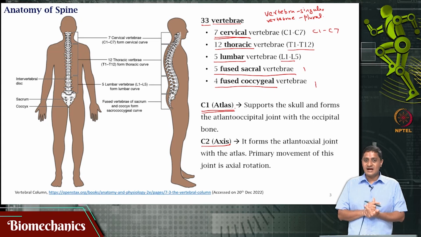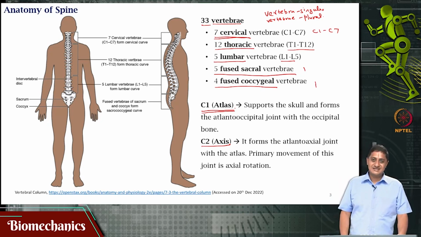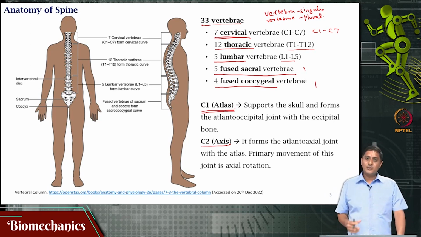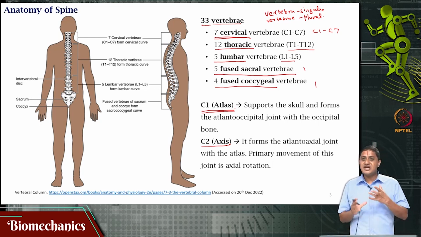So, the atlas happens to be the vertebra on which the skull, on which the head, sits. Essentially it provides a receptacle, a sort of a seat for the head to sit on. So, the shape is such that it will seat the head.